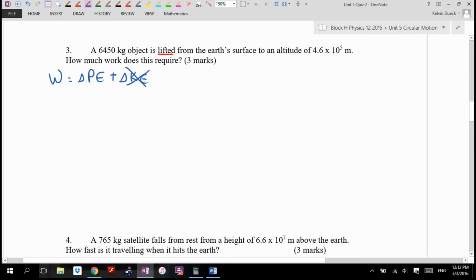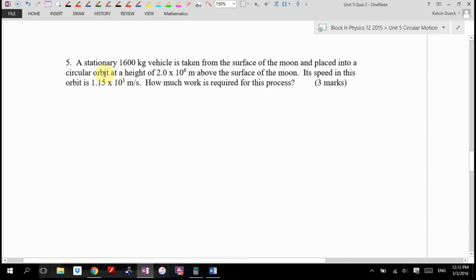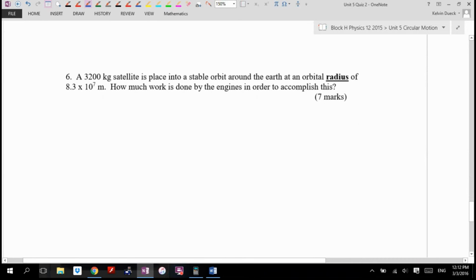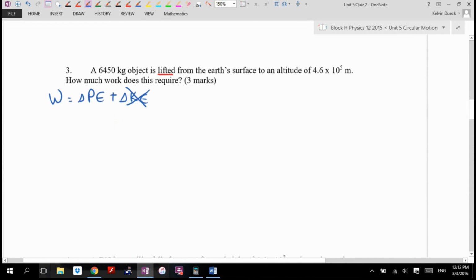But in this case, I can do that, as compared to number 5, since we're in orbit, and number 6, since we're in orbit, but here, since we're just lifting, yay.